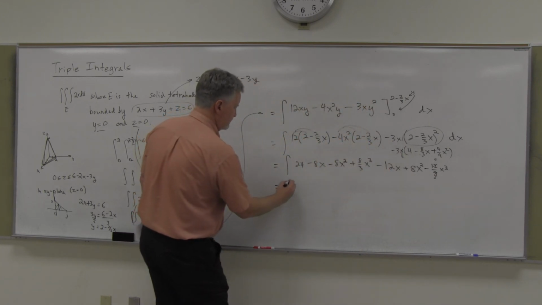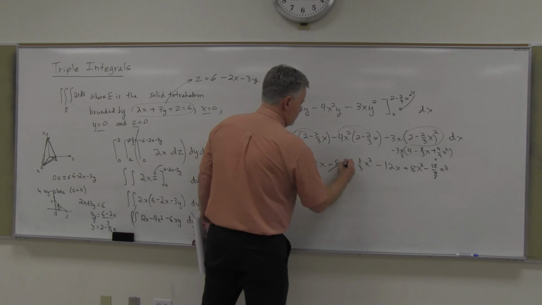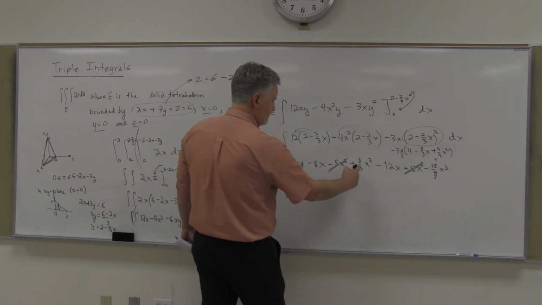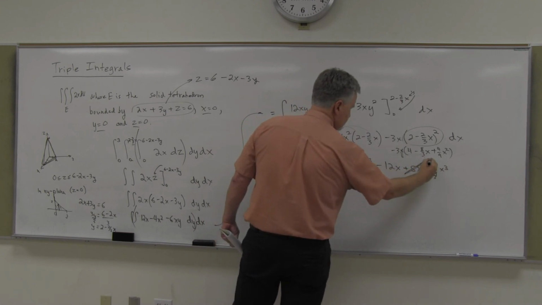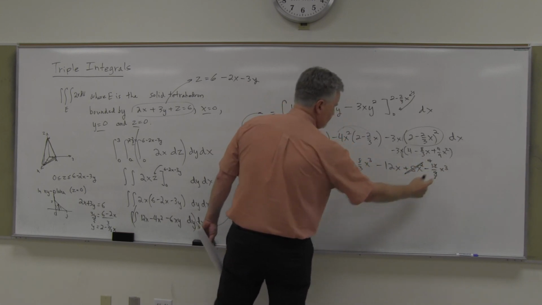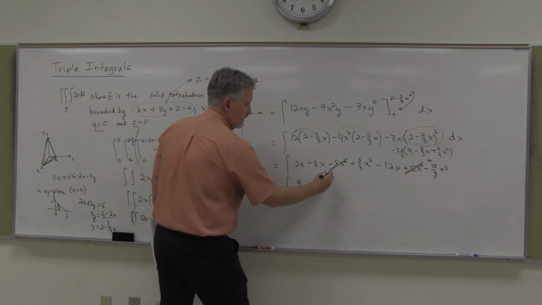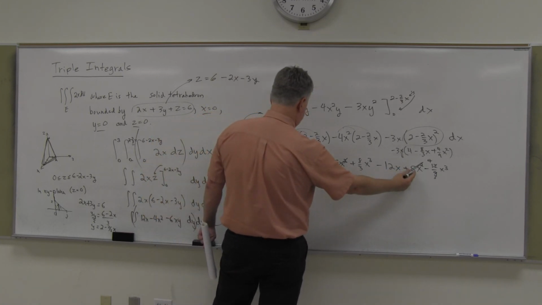So if we combine some like terms, oh yeah, those will cancel. For x cubed, I've got 8/3 x cubed minus 4/3 x cubed, that's positive 4/3 x cubed. Those x squareds canceled out.